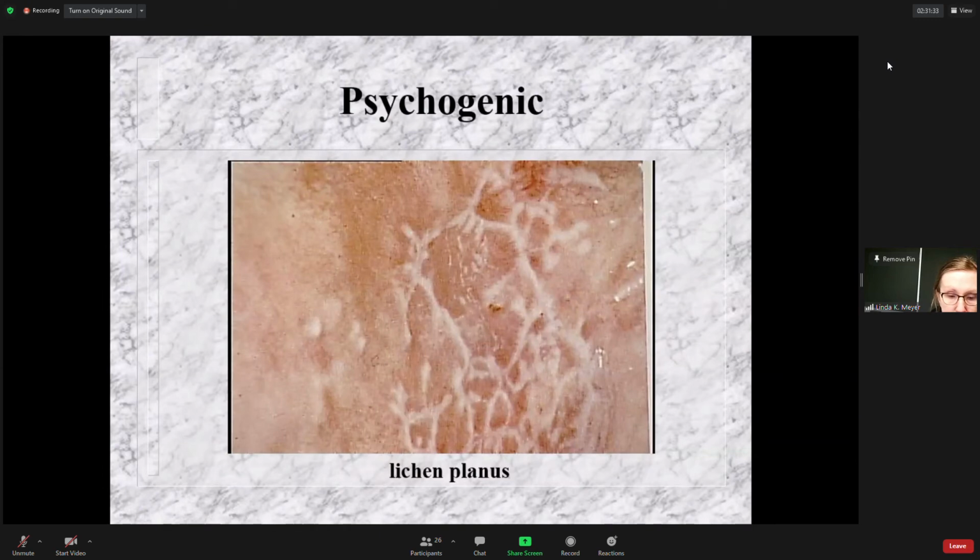And then there is also this disease that's referred to as lichen planus that may be related to stress. But again, here's another example where these categories of diseases are overlapping. In this disease, there's an unclear immune response, but it can be exacerbated or flared up by stress.